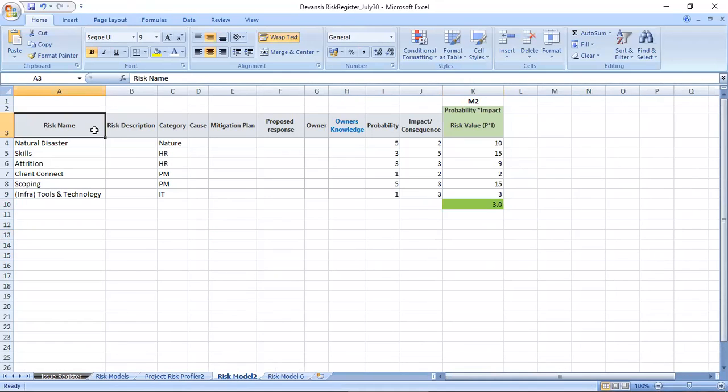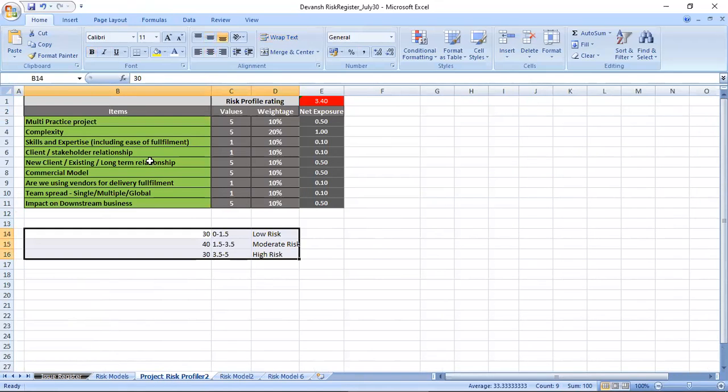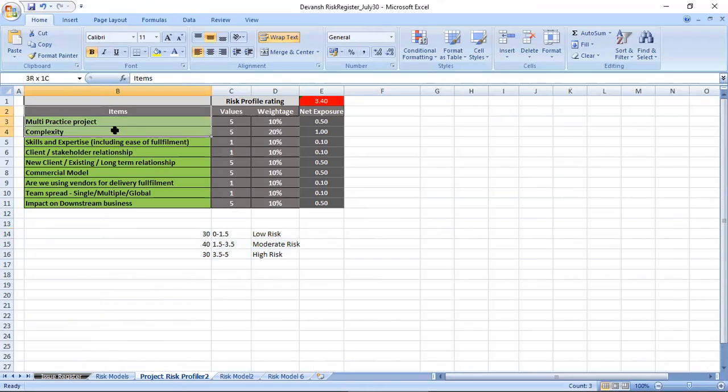One of the risk models which is very famous in the IT industry is this, where we write down all the risks of a particular project. We assign a value. We assign the weightage. The weightage should always add up to 100, correct?